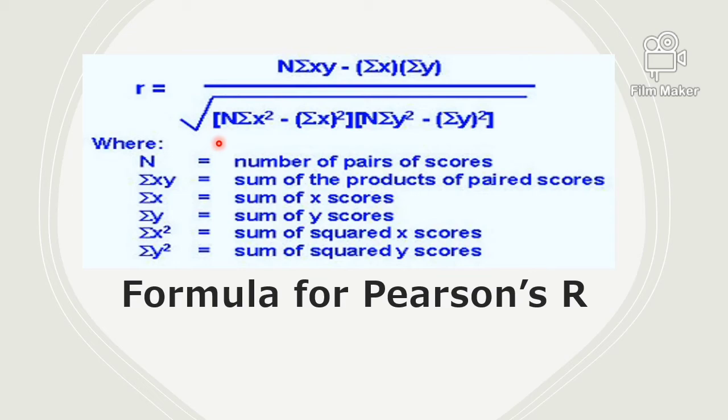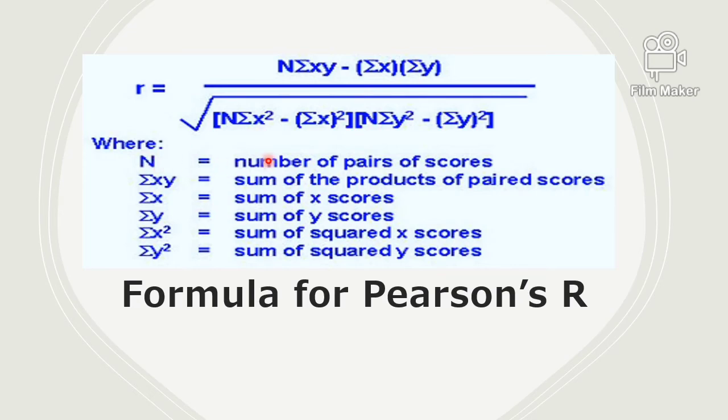divided by the square root of n times the summation of x squared minus the summation of x, squared, multiplied by n times the summation of y squared minus the summation of y, squared.